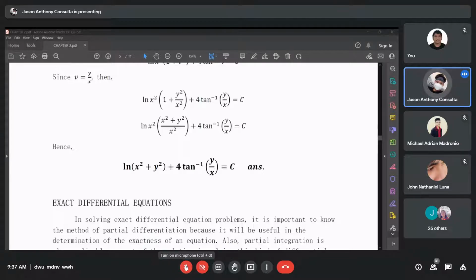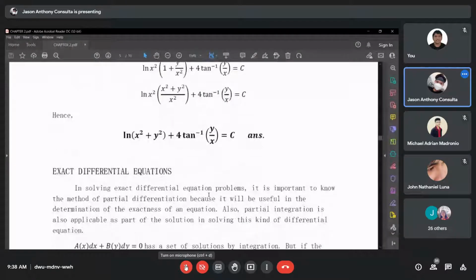You can i-screenshot nyo, then state nyo yung tanong nyo. Pag may nagtatanong sa akin, sinasagot ko sa direct message and sinasagot ko ulit sa group chat para ma-inform din yung iba, lalo na pag may mga errors sa problems. Okay, so chat nyo na lang ako if mayroong concern regarding sa binigay kong problems and dito sa lecture.